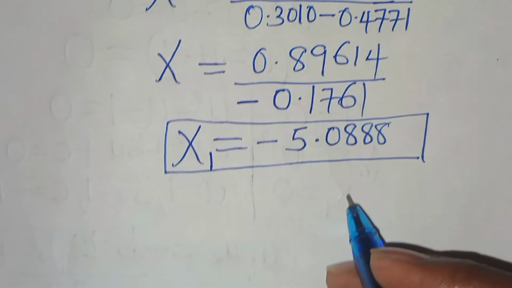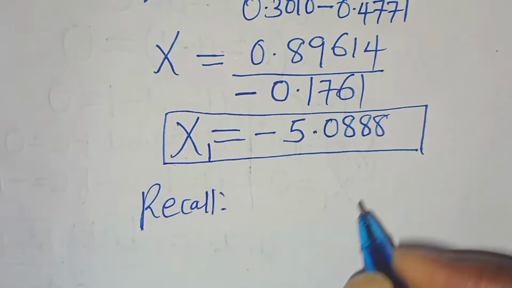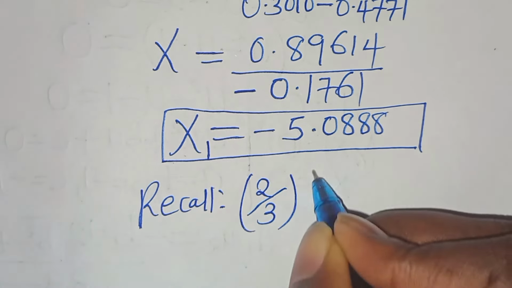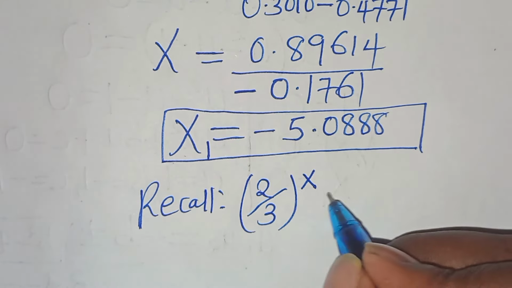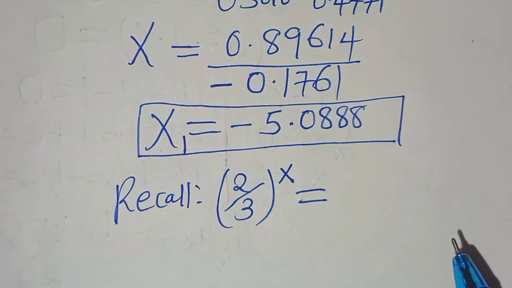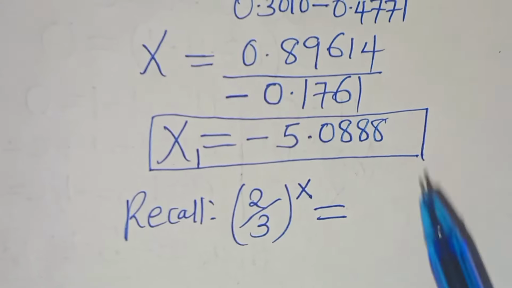Now, if you recall, we have that 2 over 3 raised to the power of x is equal to u2. Remember u2, we have that u2 here is equal to 4 minus square root of 15.